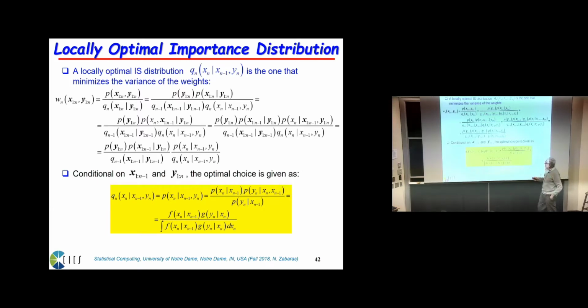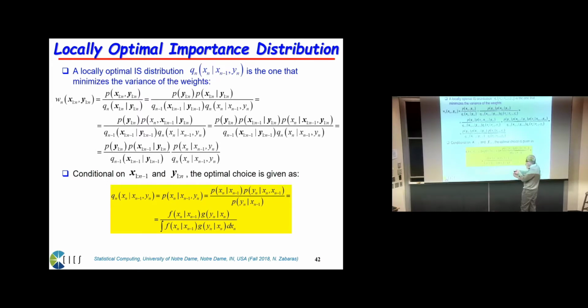So this equation is the optimal proposal distribution that you can use in sequential importance sampling. Once we have done this approximation, this is the best to do to minimize the variance of the weights. It looks very easy to calculate, right? But you have to keep in mind two things.